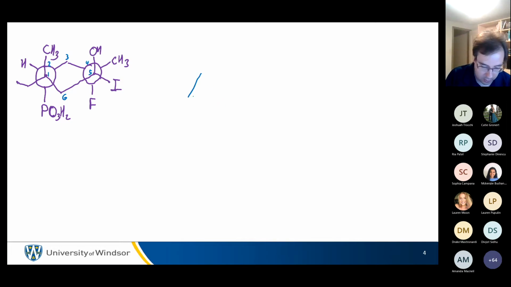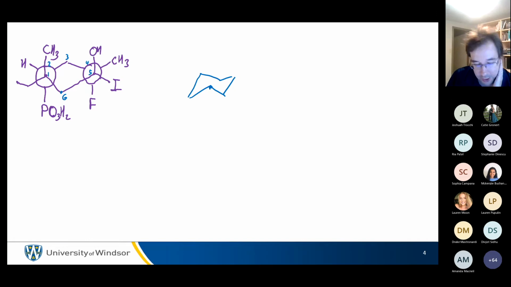Oh, no, it doesn't matter. This is where I always get confused. I can't look down those bonds, because I have this up part at the front and we need the front to be down.